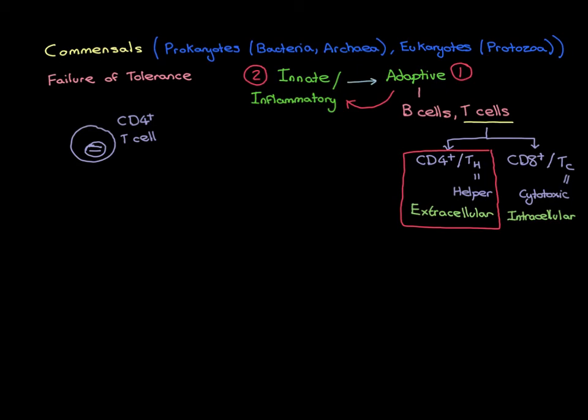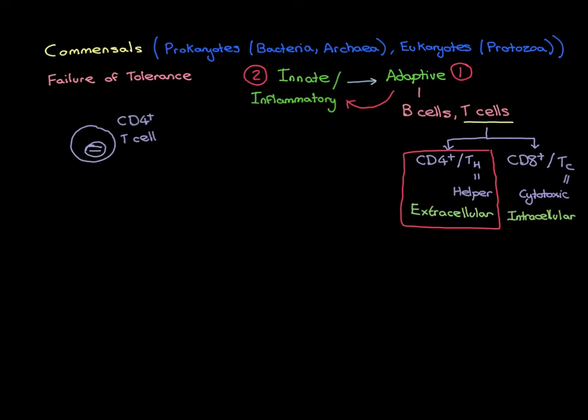Those CD4 positive T cells, they are all directed against different pathogens, okay? They're all different. You have a huge variety of CD4 positive T cells. So if you were to look through your massive great population of CD4 positive T cells, so if you were to put on this board your entire collection of CD4 positive T cells in your body, they would all be directed against different pathogens.